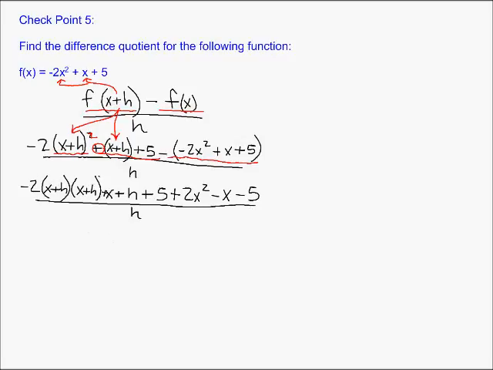So using FOIL, I want to get rid of these brackets now. So I'll do x times x gives me x², and then x times h gives me xh, h times x gives me hx, but that's the same as saying xh, and then h times h gives me positive h².